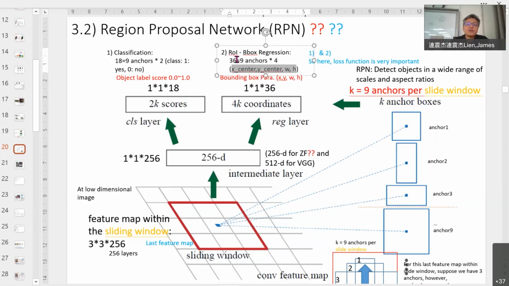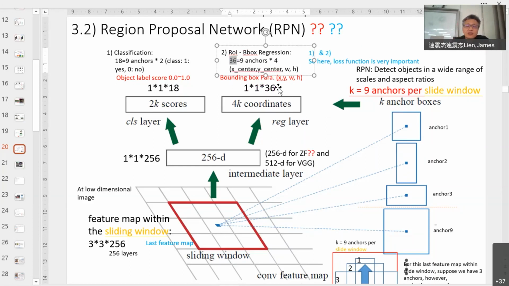So the total has 36 parameters, which is why we write the vector as 36. That's for one grid.